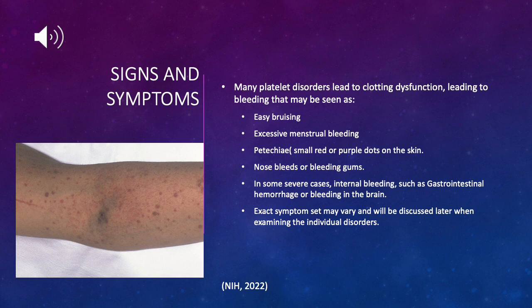Petechiae is a pretty common sign of platelet dysfunction as well. These are small red or purple spots that appear on the skin, and they are due to little capillaries underneath your skin breaking.